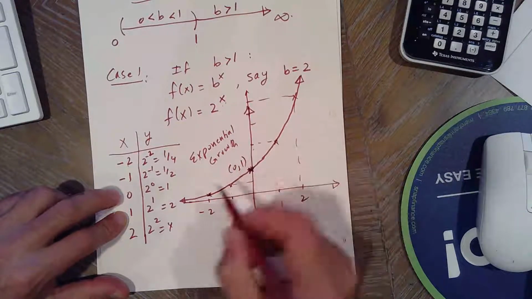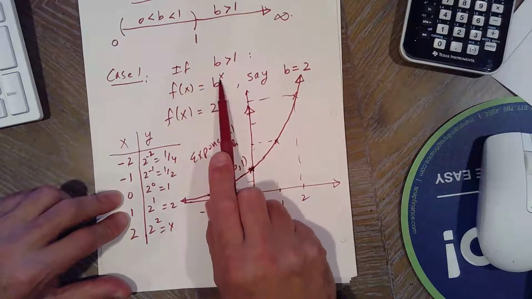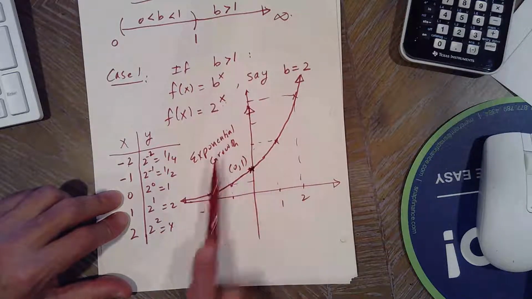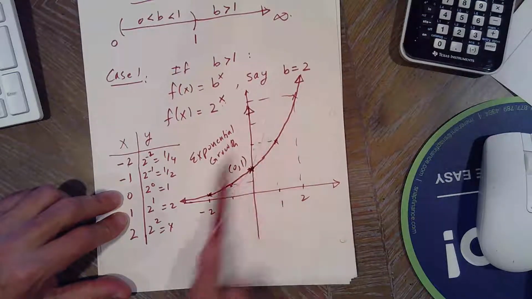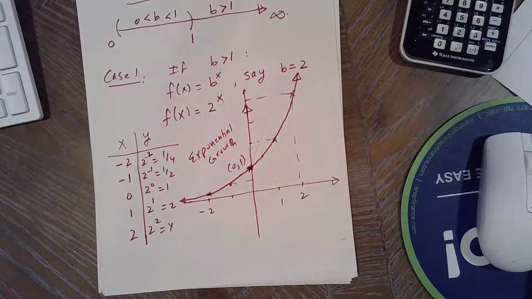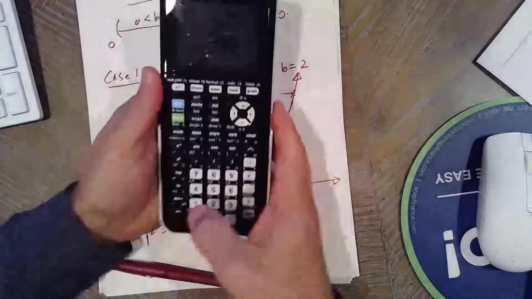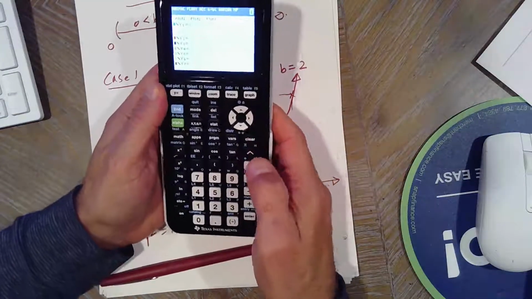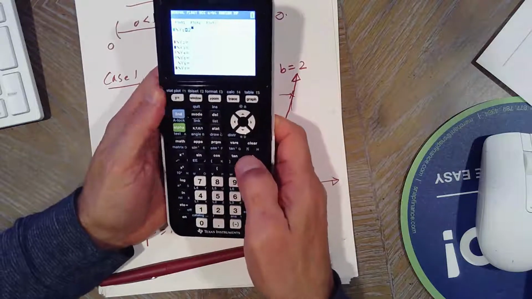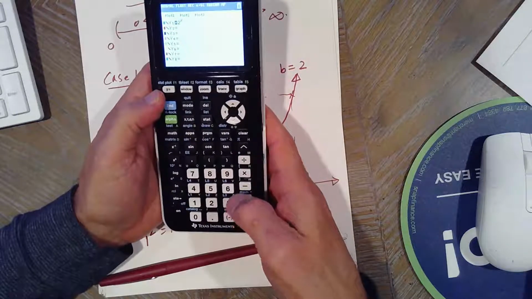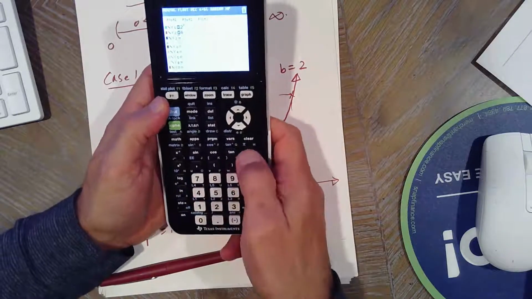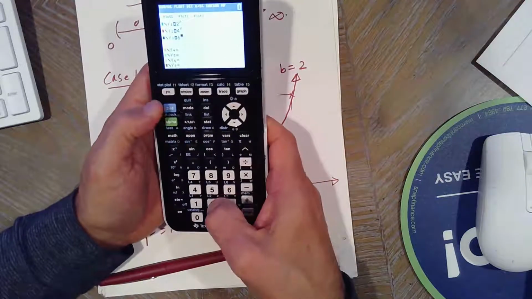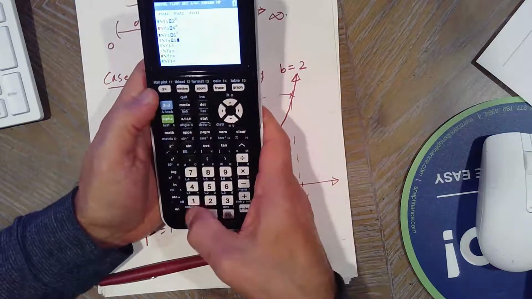So for the graph of b to the x, as long as the base is greater than 1, it's going to have this shape. The bigger the base, the faster it's going to go to infinity. Okay, let me show you with the graphing calculator what I mean. So if I graph the one we just did, 2 to the x, and then 3 to the x, or let's say 4 to the x, as long as the base is greater than 1, and then 6 to the x, and then 10 to the x.